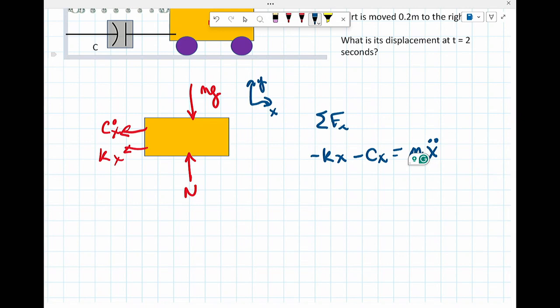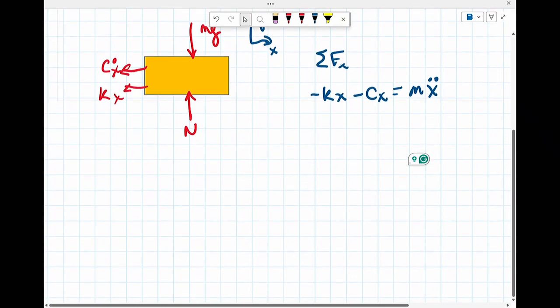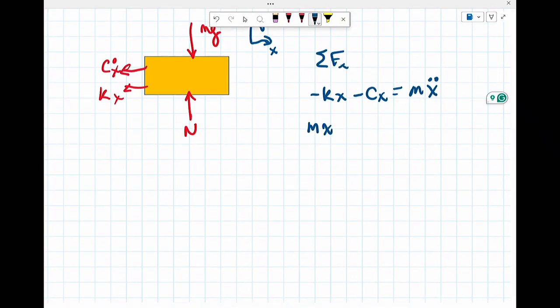I have done exactly the same thing as I've done before. I've written this in a form where I have stretched the spring out, and everything is trying to pull back, and so my two forces become negative in my force x equation, and because of that, when I write my equation of motion, I have m x double dot plus c x dot plus k x.